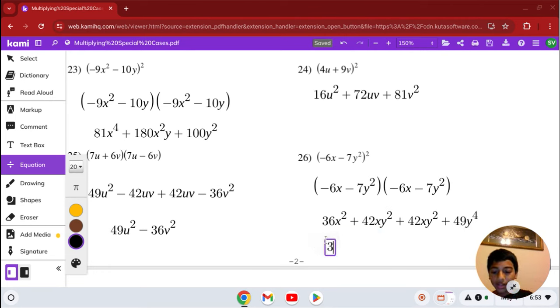This entire thing simplifies to 36x squared, adding the two middle terms, which gives us 84xy squared, plus 49y to the fourth.